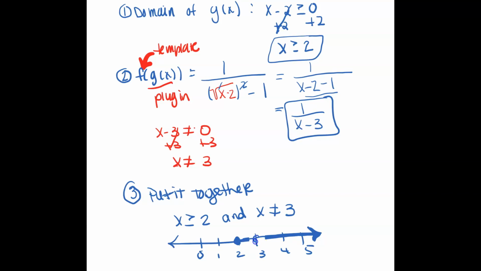So at 3, it's going to have an open circle. And so interval notation wise, this would be 2 to 3, and we're not going to include 3. So let me fix my notation there. So this would be 2 to 3 with parentheses, union with 3 comma infinity.